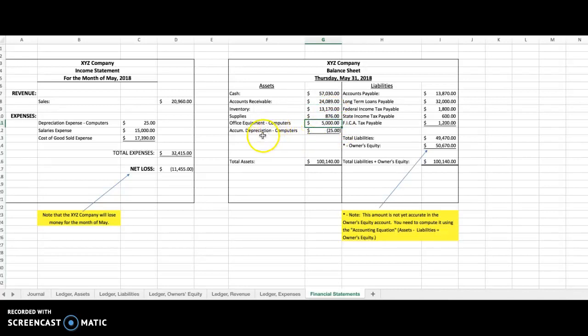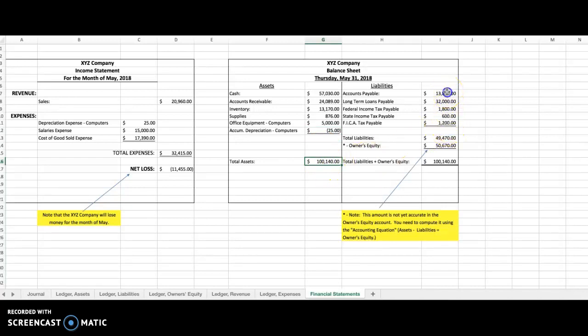We bought office equipment, and the accumulated depreciation in this company is done monthly because they have a monthly accounting cycle, and that's a $25 minus. This is shown on the balance sheet because often people want to see not only how much we paid for the asset, but how much it has declined in value. Next month, this would be minus $50 because it accumulates. So total assets add up then to $100,140.